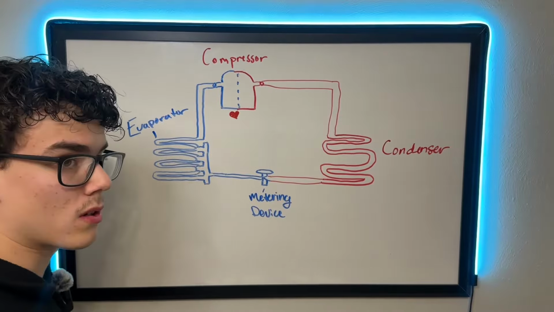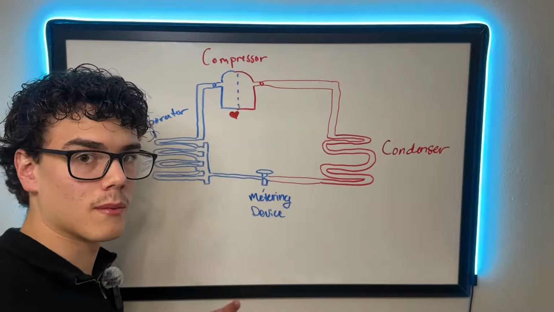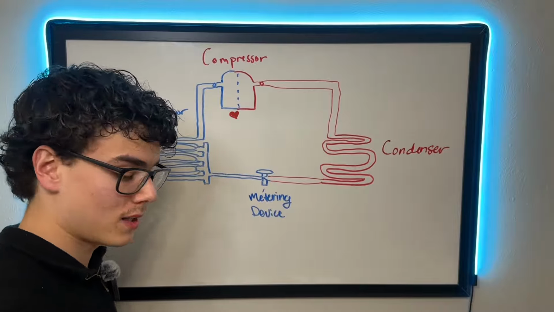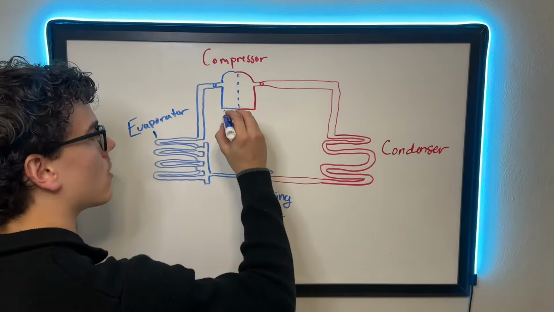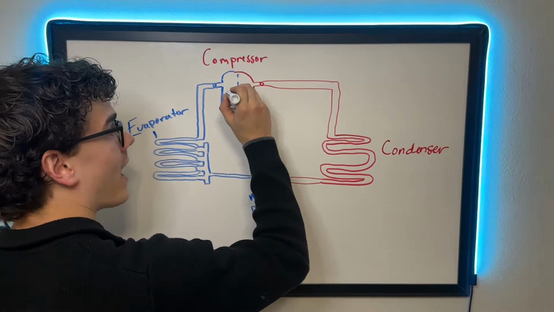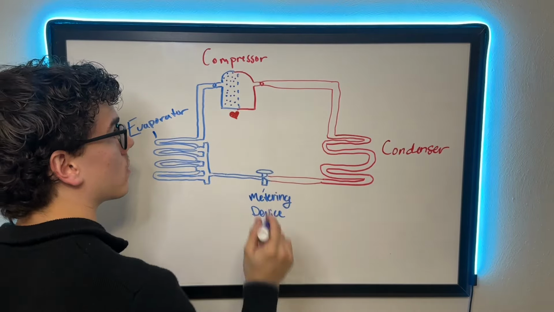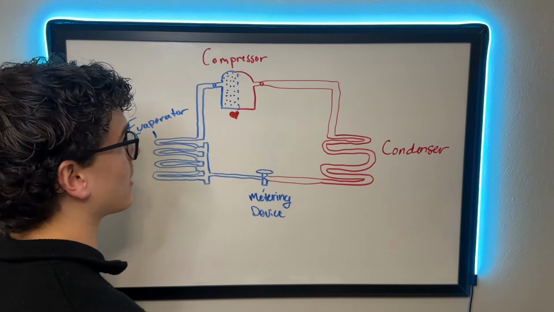All right, so everything starts with a compressor. It's the heart of the system. It's the biggest energy user in the refrigeration cycle. So on the left side of the compressor, we have a low temperature, low pressure vapor. That's refrigerant inside the compressor.